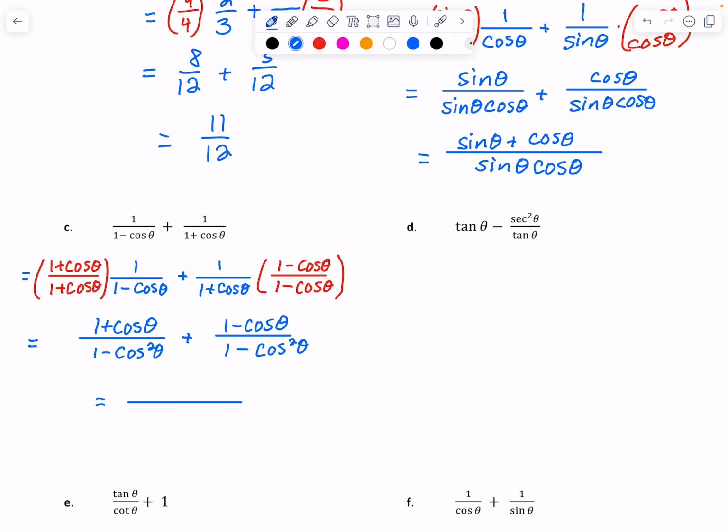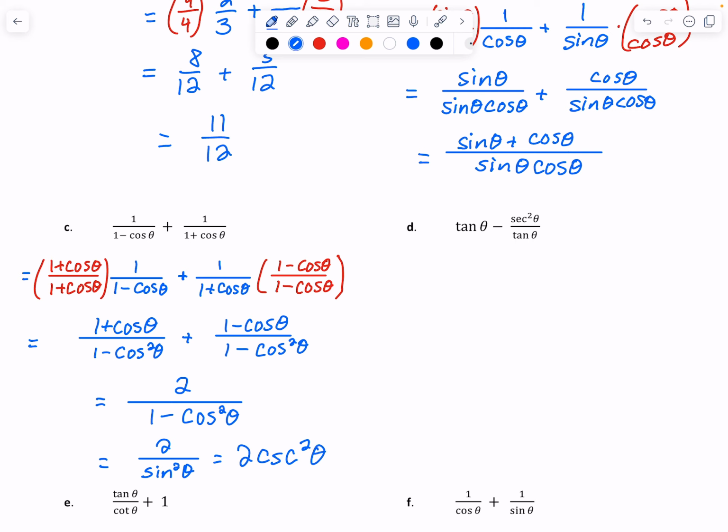I got 1 plus 1 is 2, and then I got a plus cosine and a negative cosine. Those are going to go away. So I get 2 over 1 minus cosine squared, and that's going to be the same as 2 over, I can replace that with its identity of sine squared theta, and we end up getting 2 cosecant squared theta.